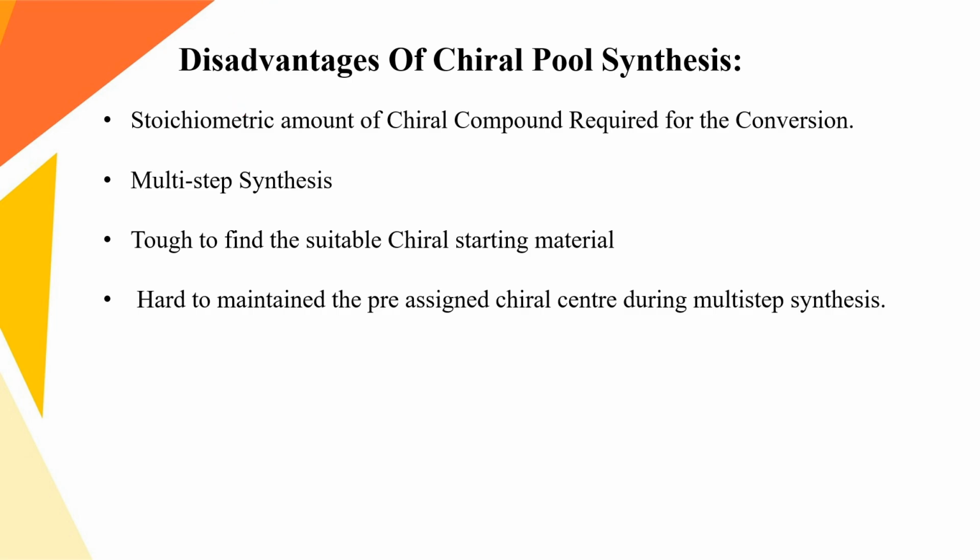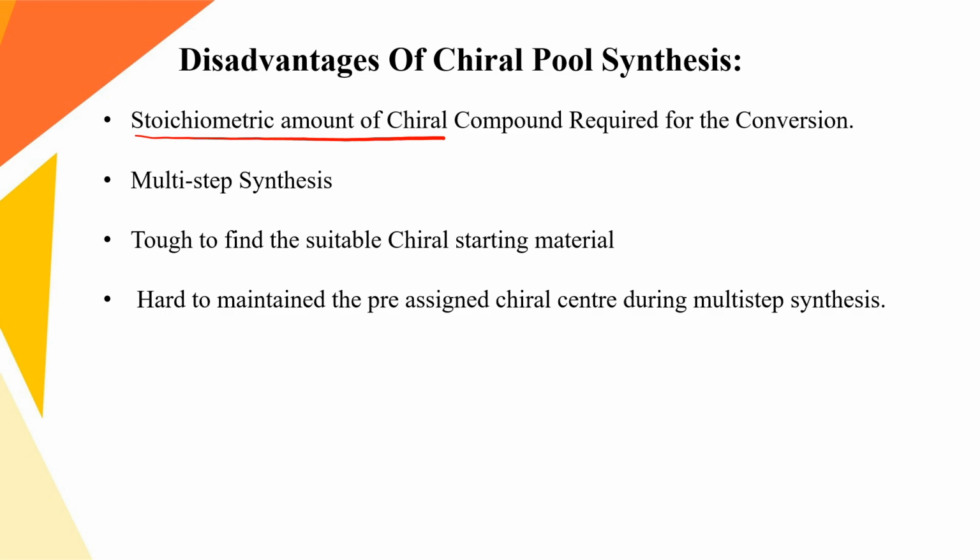You all know it is a simple functional group process, but the disadvantage is that this transformation requires a stoichiometric amount of chiral compound for the conversion, and you know that a naturally occurring chiral amino acid or whatever chiral compound is costly because of the stereocenter. So this is not sustainable on the industry scale.